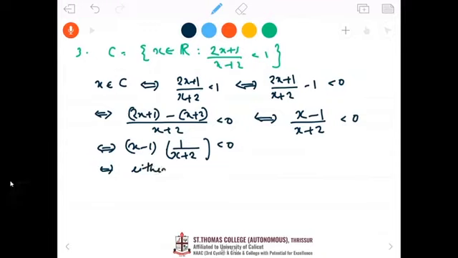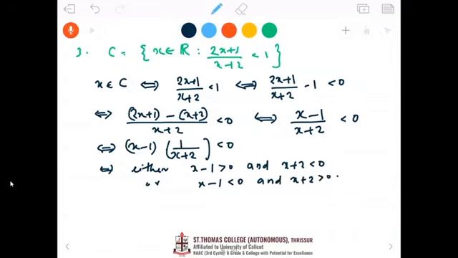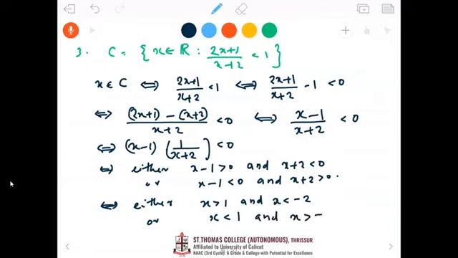Either x minus 1 greater than 0 and x plus 2 less than 0, or in the reverse order, x minus 1 less than 0 and x plus 2 greater than 0. That means either x is greater than 1 and x is less than minus 2, or x is less than 1 and x is greater than minus 2.